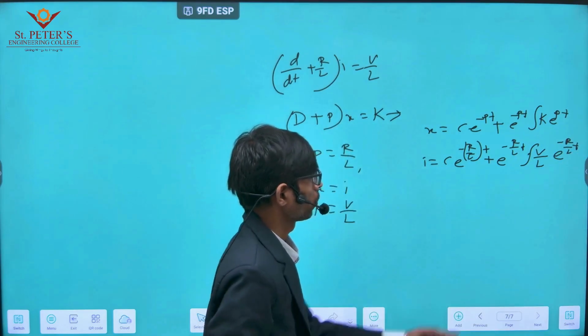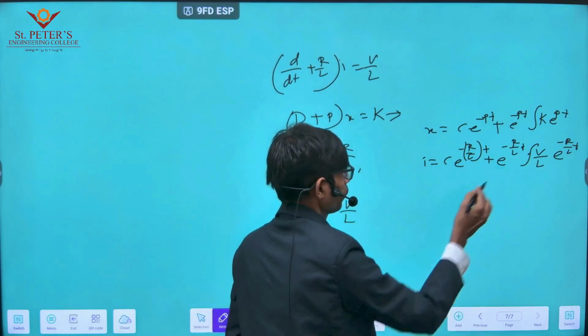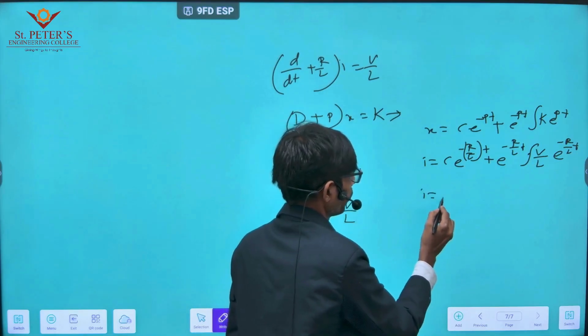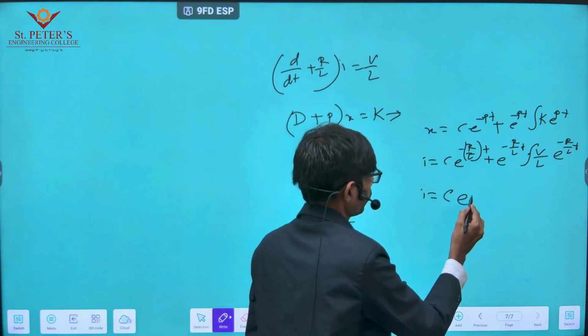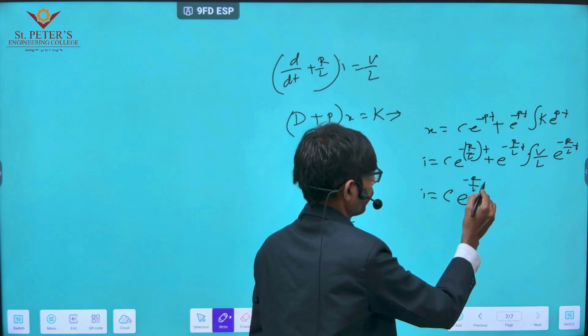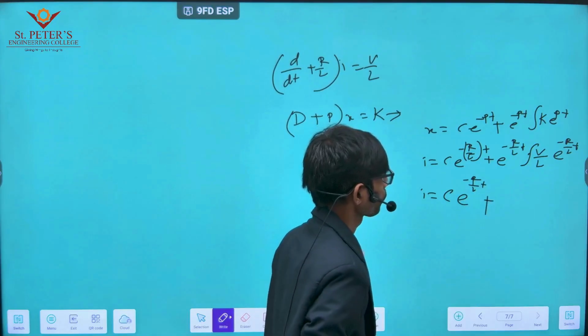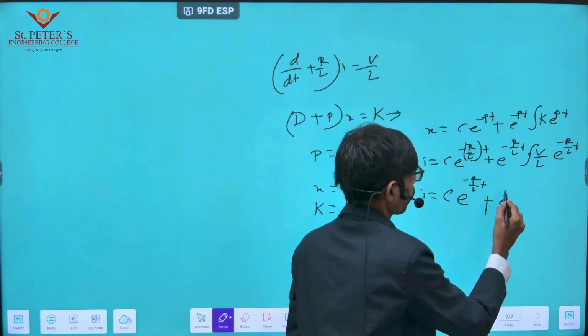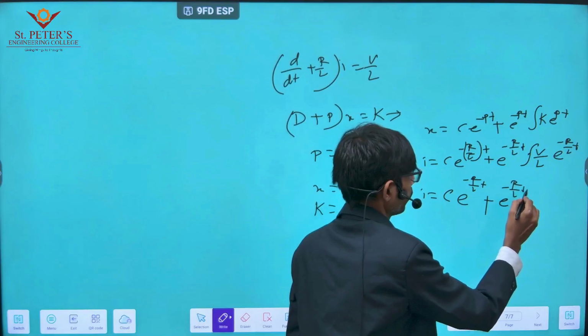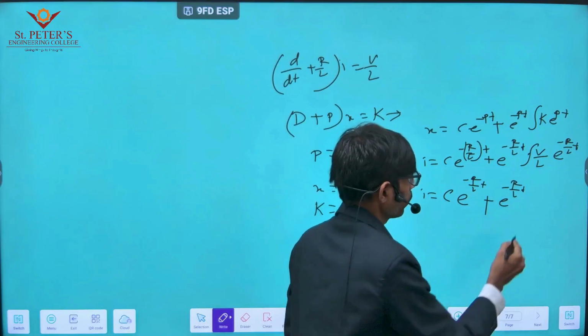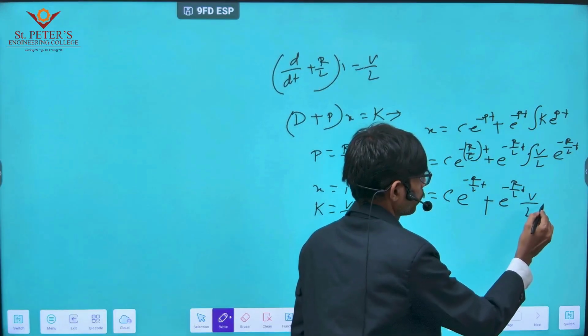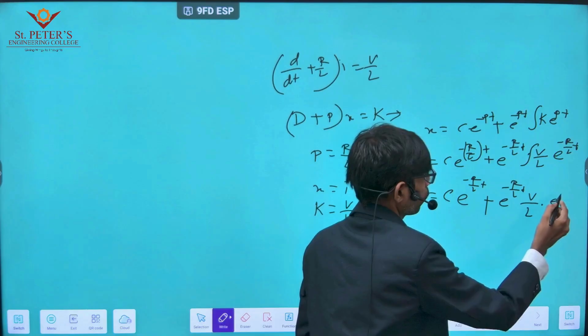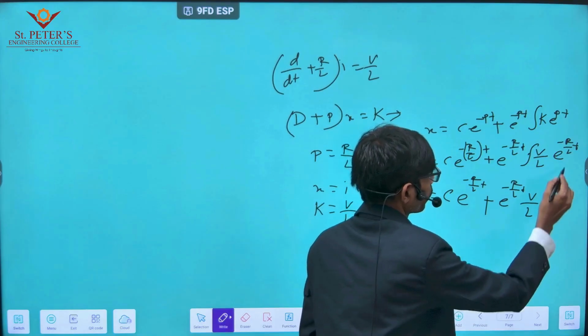If you do the integral for this one, we get I equal to c e to the power of minus R by L t plus e to the power of minus R by L t times V by L into e to the power of R by L t divided by R by L.